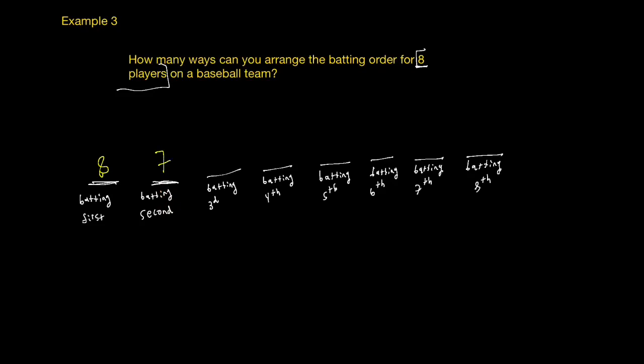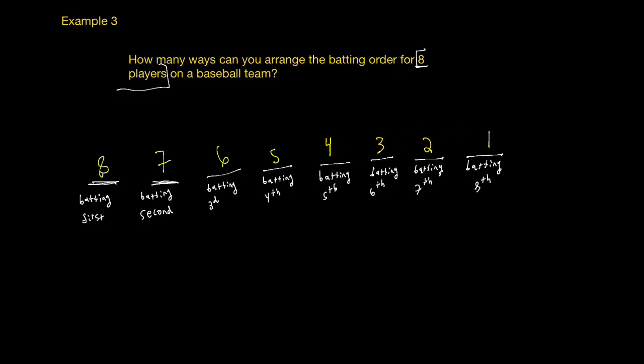And now that we have a first batter and a second batter, we only have 6 choices for someone batting third. And we can continue to do this up until we exhaust all of our placeholders. And here we take a look that we get all the way up to 1. We have 8 times 7 times 6 times 5 times 4 times 3 times 2 times 1.